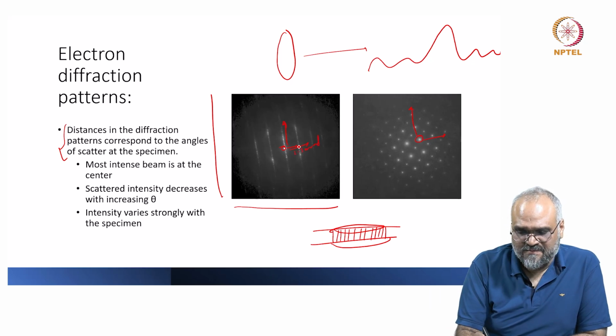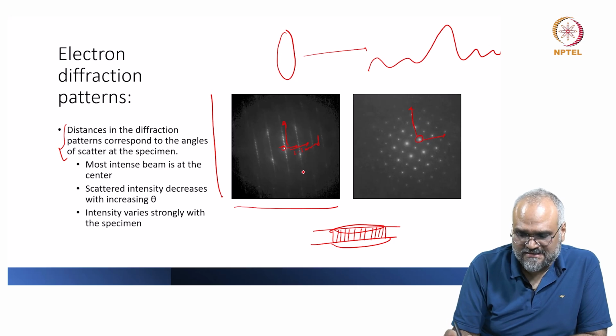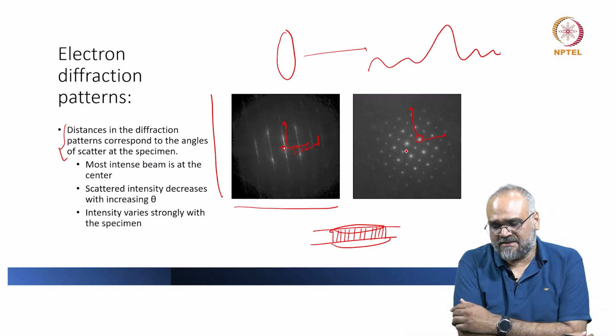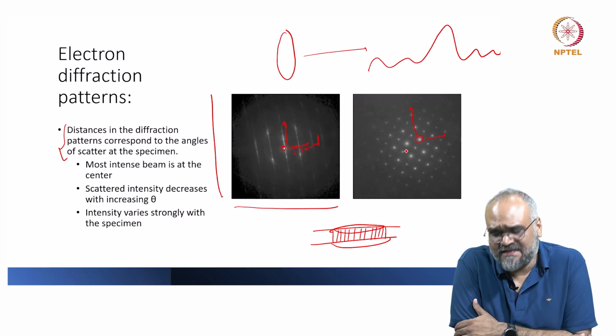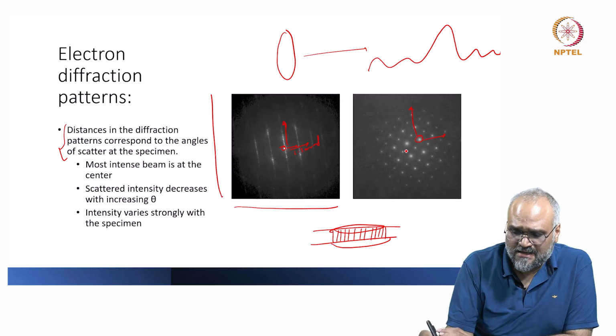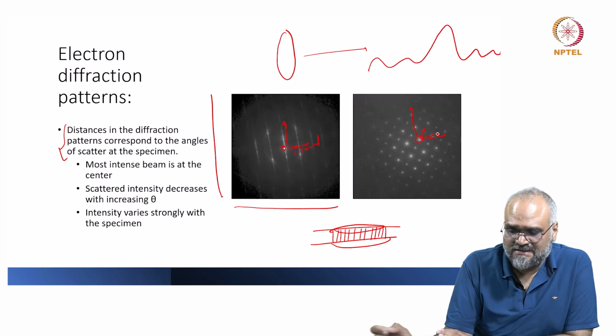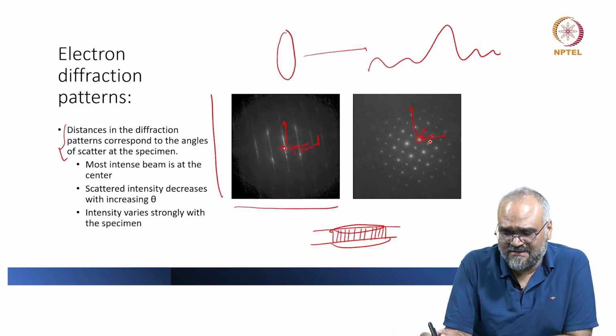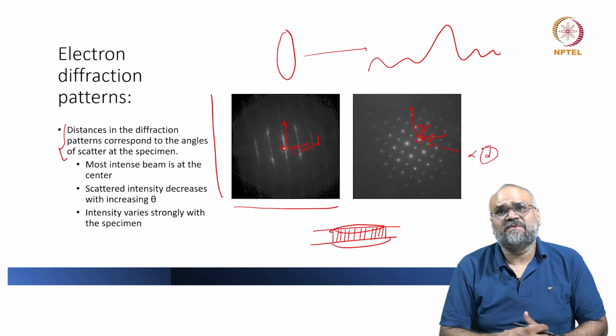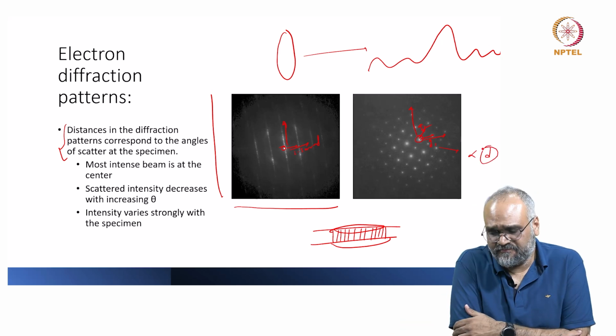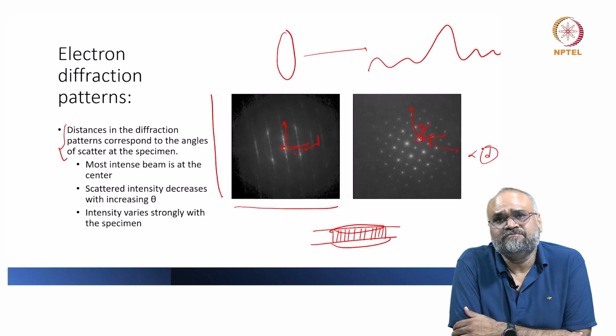When I see a two-dimensional distribution of intensity in spot patterns, I can always index these with some unit vectors, and these unit vectors, if I call them G1 and G2, would have some value inversely proportional to the distance in the crystal structure that I have in the sample.